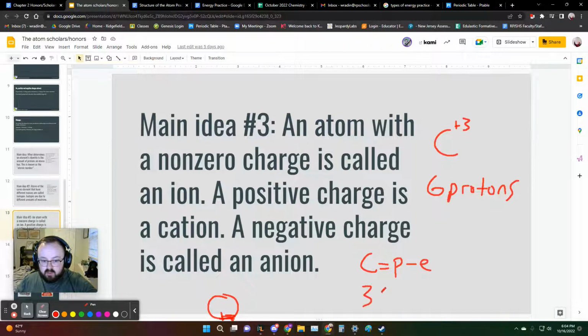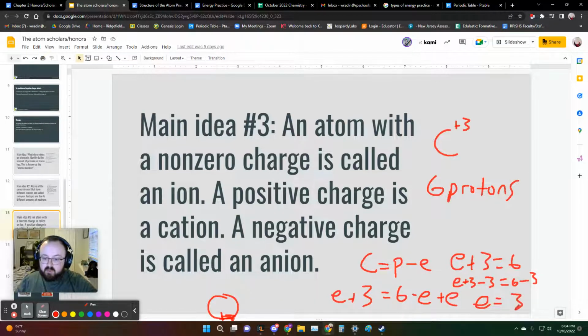Well, my charge is 3, and I have 6 minus E. Well, we do a little bit of algebra here. We're going to do plus E on both sides. So we get E plus 3 equals 6. And we're going to subtract 3 equals 6 minus 3. And we would have 3 electrons.